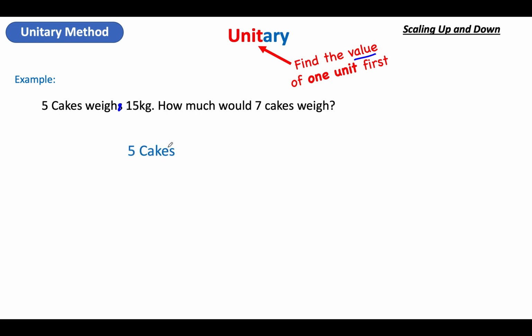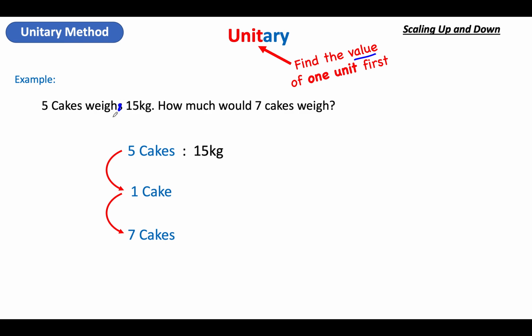We will know what 5 cakes weigh. So I'm actually going to find the value of 1 cake. Once I know 1 cake, as we did with the muffins in the first bit, I can scale it back up to as many cakes as I like, because every cake we're going to presume weighs the same amount.